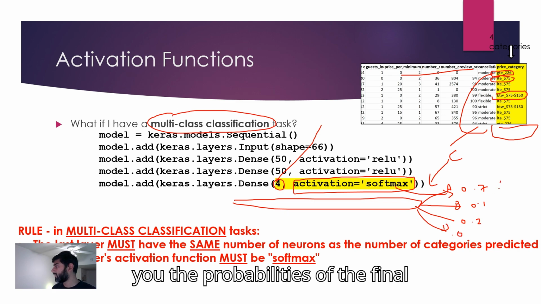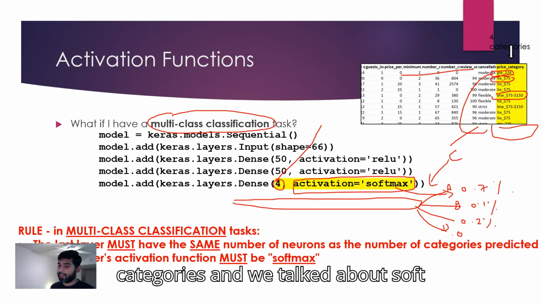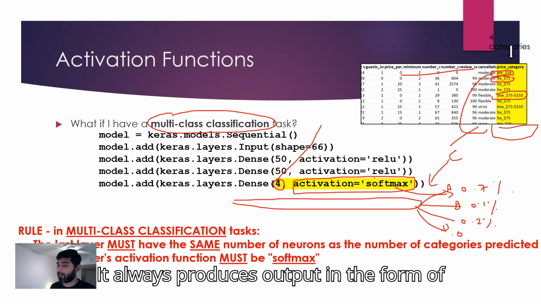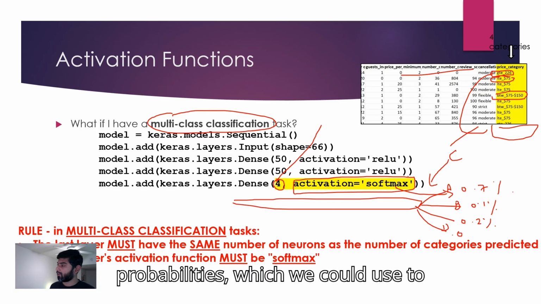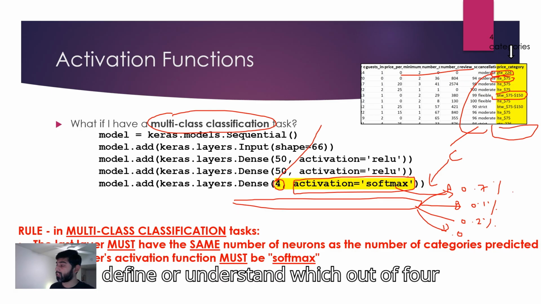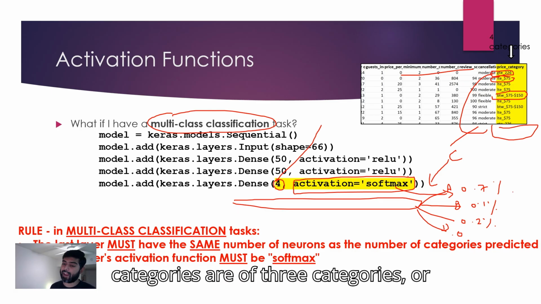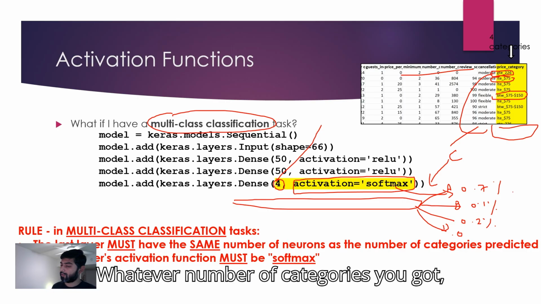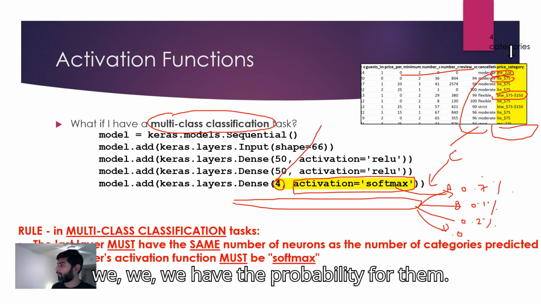So it gives you the probabilities of the final categories. We talked about softmax in a previous video, how softmax works. It always produces output in the form of probabilities, which we could use to understand which out of 4 categories, or 3 categories, or whatever number of categories you have, we have the probability for them.